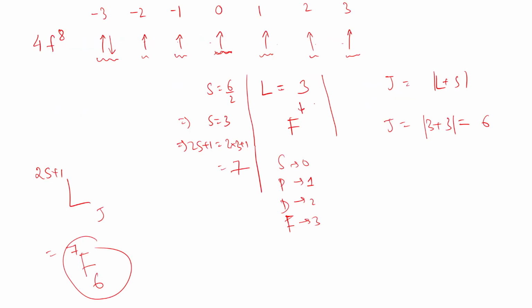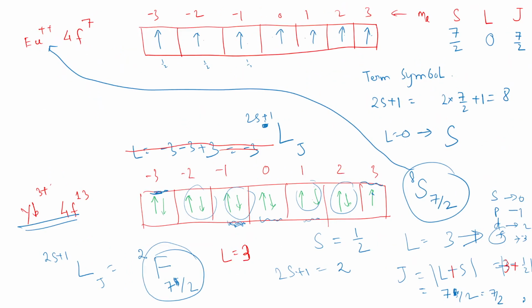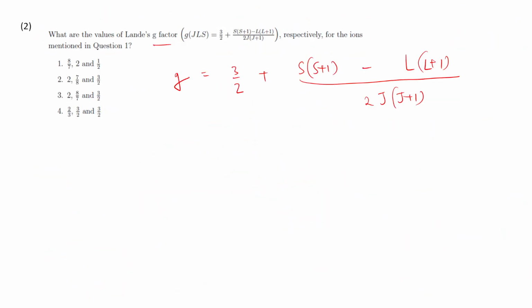So we already have these things, right? Let us consider the first one. Here S is 7 by 2, L is 0 and J is 7 by 2. Let us use that. For the first ion, which is Eu plus plus, S was 7 by 2, L was 0, J was also 7 by 2.